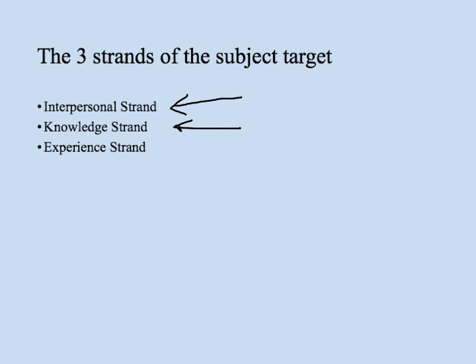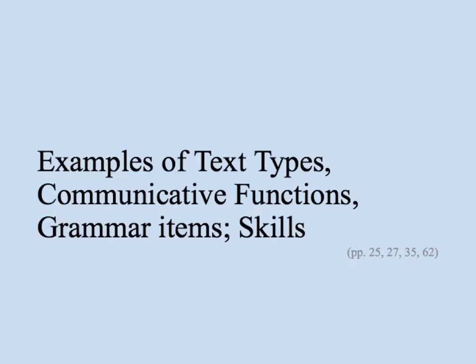And then we also use language to express experience. So those themes are actually related to these 3 strands of the subject target. In other words, why are we learning English? Now let us look at some examples of text types, communicative functions, grammar items, and skills.